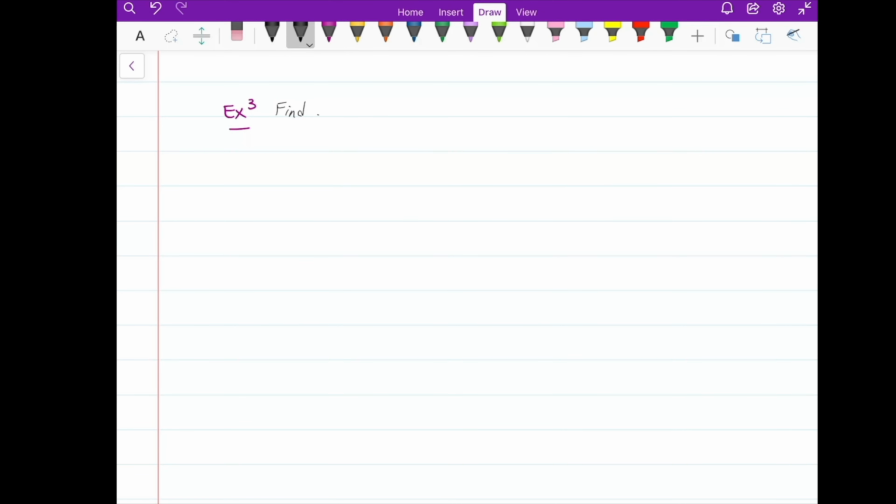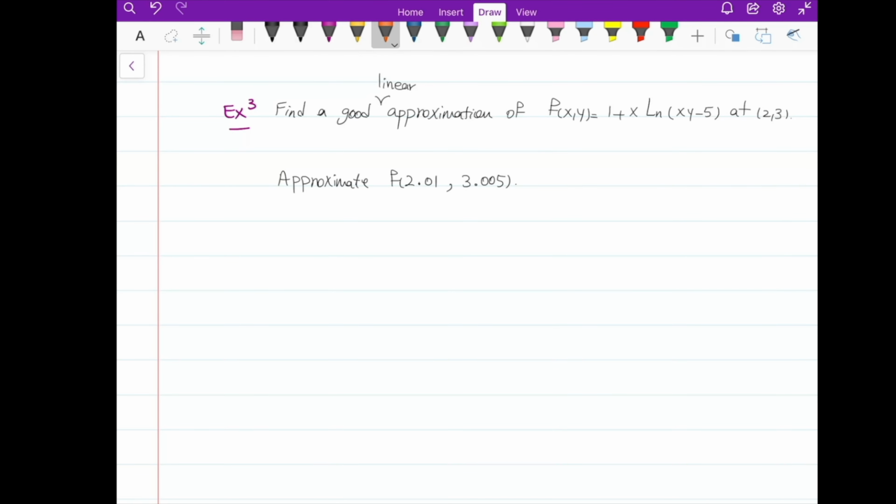Find a good linear approximation of the function 1 plus x ln of (xy minus 5) at the point (2, 3), and then approximate f of (2.01, 3.005).